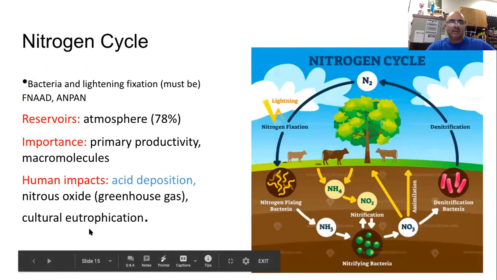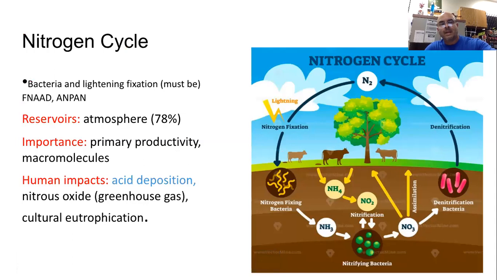The next big one here is the nitrogen cycle. Super important. And I don't know if you've noticed, but when you get a good rainfall and your plants perk up, grass perks up, it's because most of the nitrogen is in our atmosphere, and it's got to be fixed one way or the other. It's got to be fixed either through bacteria or through lightning. So that's why after a good storm, our grass perks up and our flowers perk up, because they've got a shot of this very important nutrient called nitrogen.